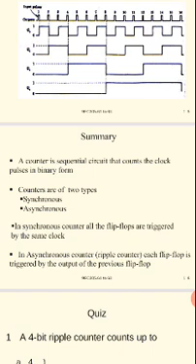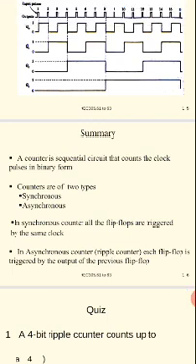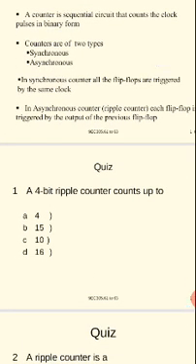Quiz. A 4-bit ripple counter counts up to: option A 4, option B 15, option C 10, option D 16.